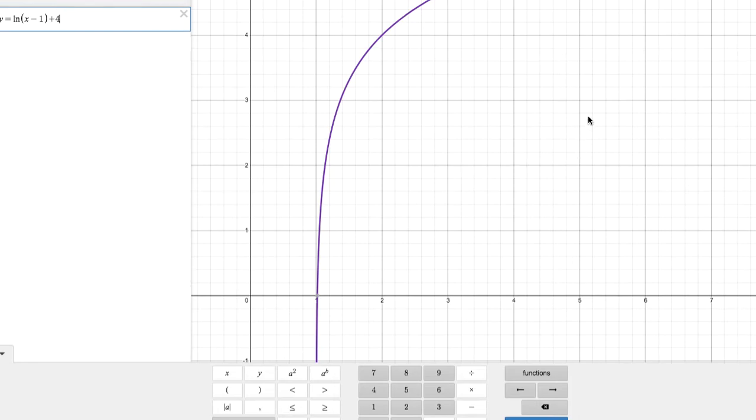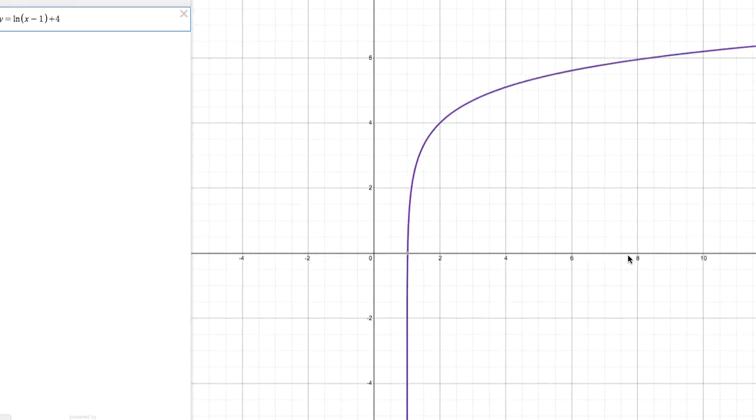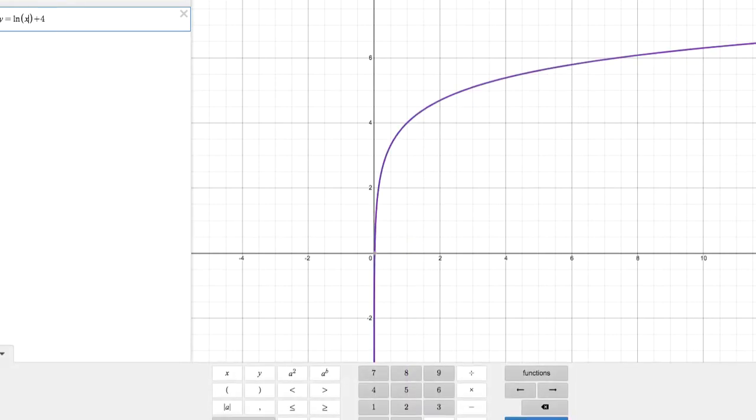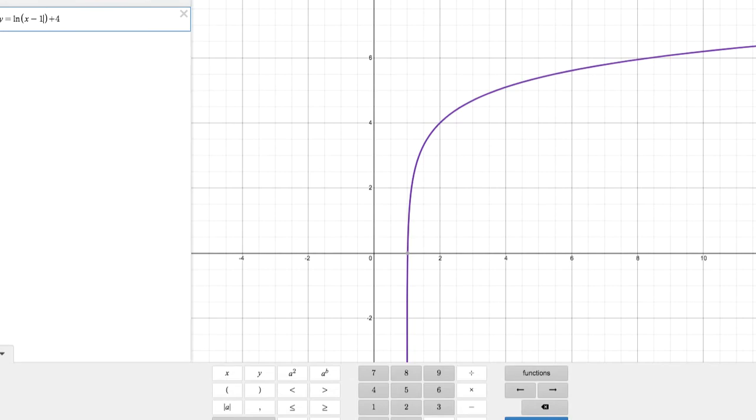So when we look at this, our graph is reflected across the line y equals x over here. We can see that the domain is going to be everything that is greater than 1. So we can see that the shift, if we'd changed this, would be opposite.